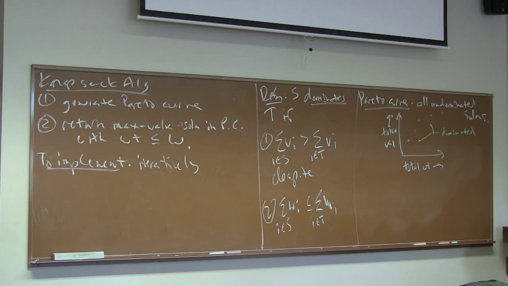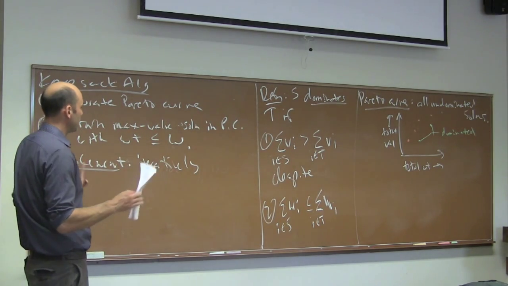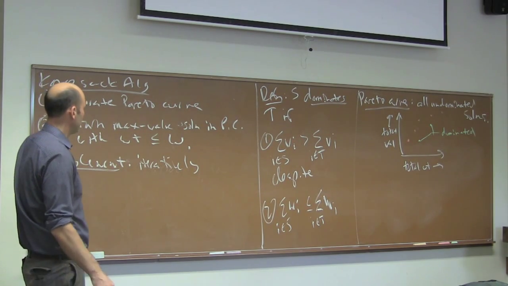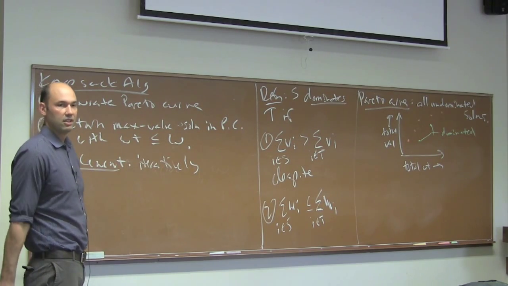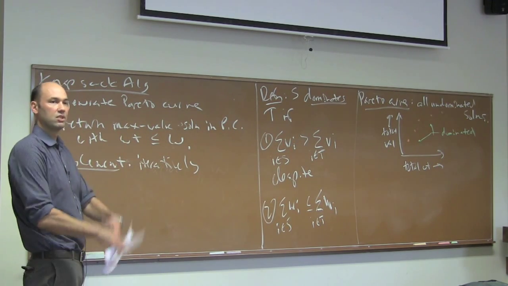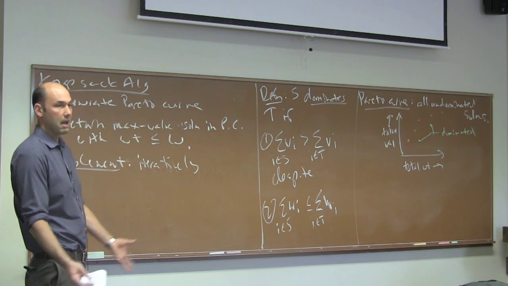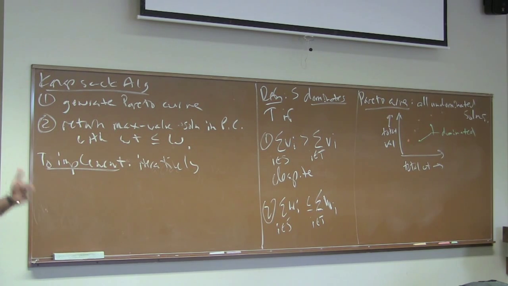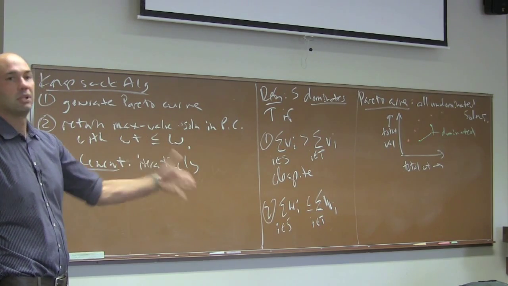So the way to do this is you want to generate a sequence of Pareto curves corresponding to prefixes of the items. So you order the items in an arbitrary way. You first generate the Pareto curve of the first 0 items, so that's just the empty set. Then the Pareto curve of the first item, the Pareto curve of just the first 2 items, first 3 items, and so forth. And I'll let you think about it a little bit offline this week, but once you've computed the Pareto curve of the first i items, it's conceptually very straightforward to then compute the Pareto curve of the first i plus 1 items.